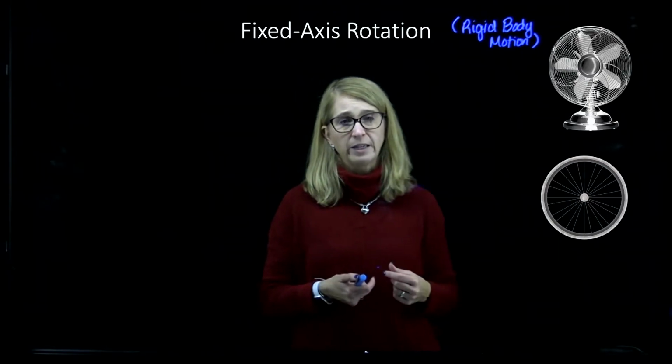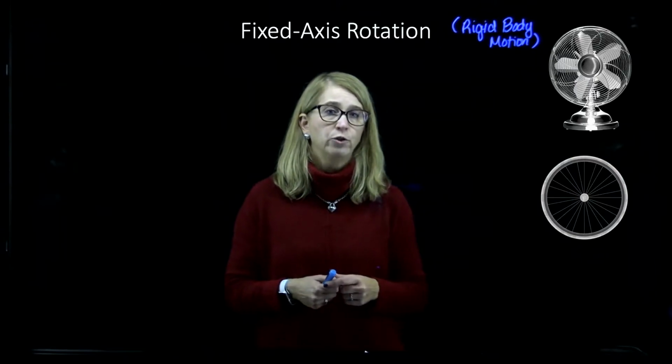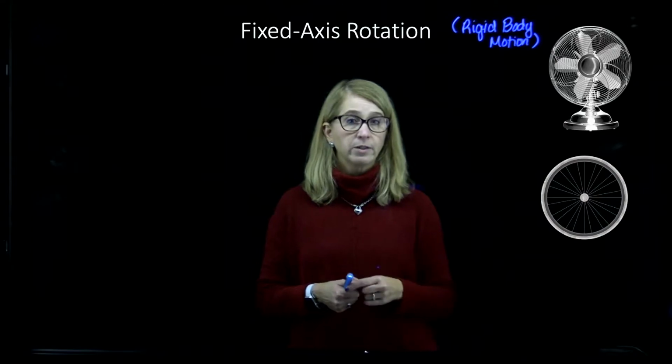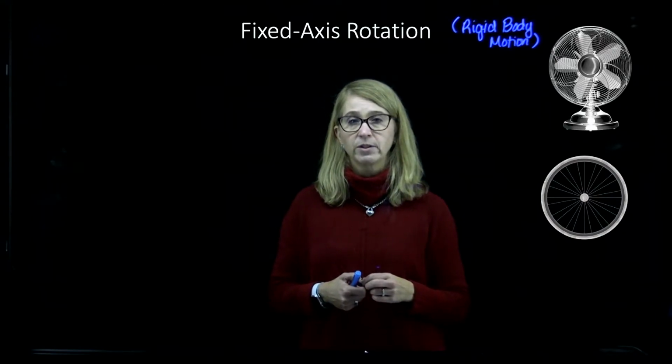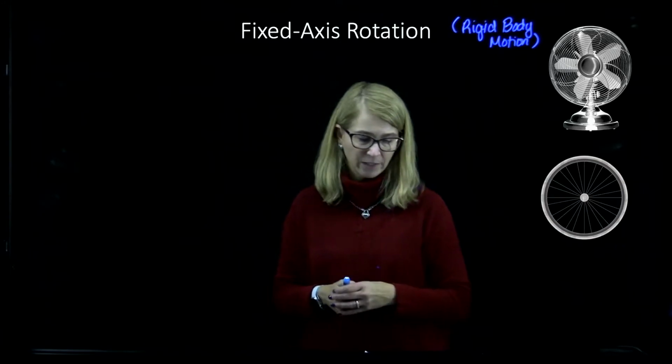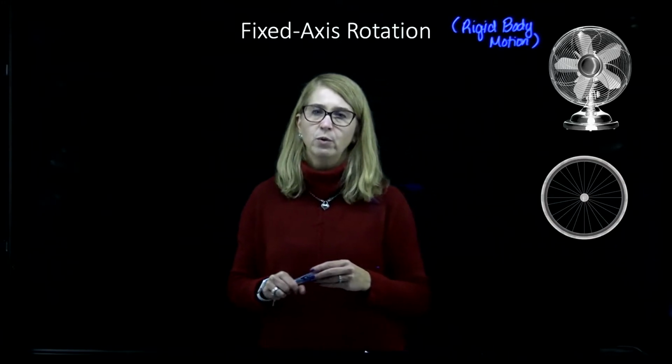In both of these cases, these are objects that do undergo fixed axis rotation. The fan blades do rotate about an axis that passes through the center, and so does the bicycle wheel. The axis passes through the center, and the wheel's rotating about that axis. So that is really the motion we're going to concentrate on in this chapter.